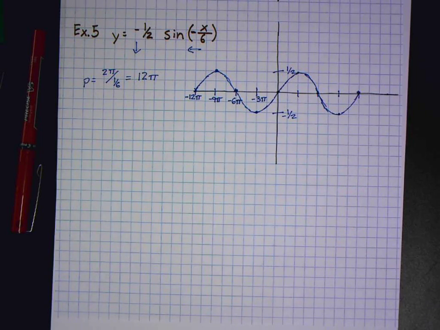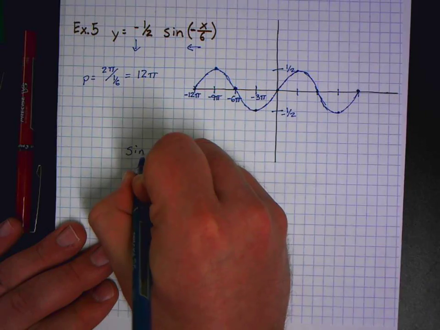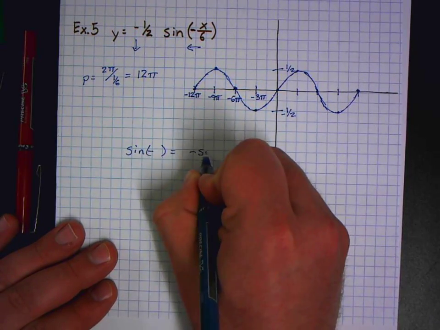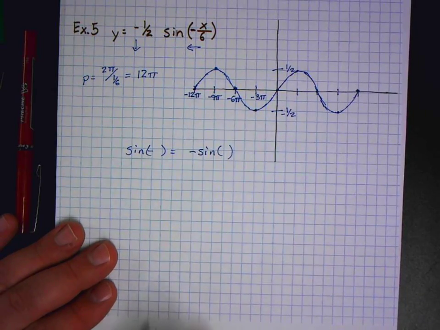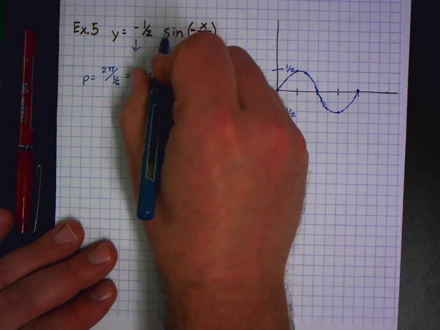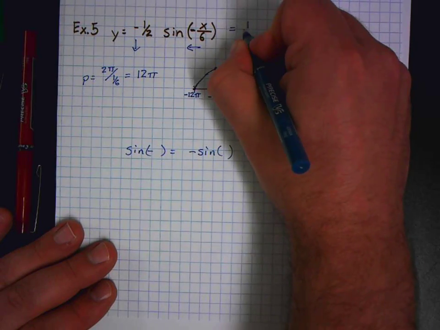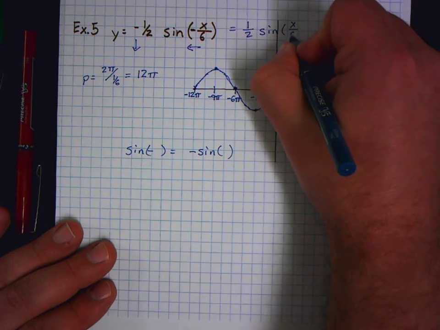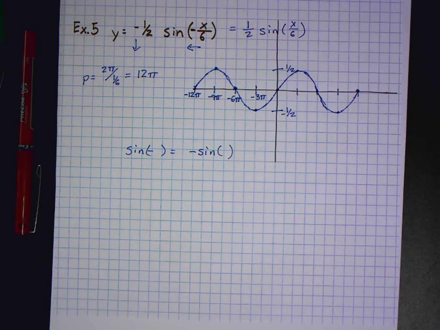It's odd, which means that sine of a negative number is equal to negative sine of the same number, which means those negatives would cancel out. So the graph of this is the exact same as the graph of this. But that negative on the inside, since sine is an odd function, I can move it to the outside so it would cancel out. So those negatives could disappear.